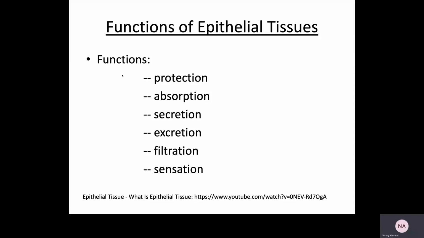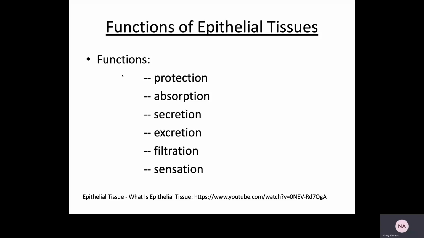These are functions. We know that they will cover all body surfaces, so of course that associates with the protective function. And in fact, if you look at your skin, that's the epidermis, that is multiple layers of epithelium, and the skin acts like a barrier to keep pathogens out. So it acts like the first line of defense of the immune system.